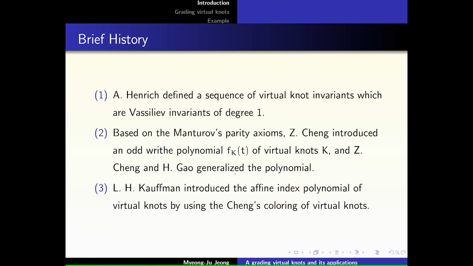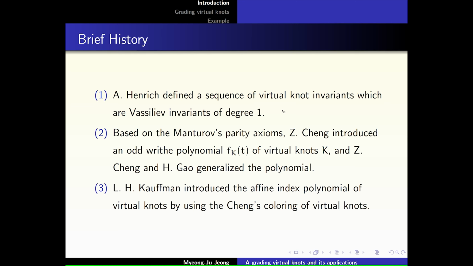About this talk, we will study some related history. First, Henrich defined a sequence of virtual knot invariants which are virtual invariants of degree 1.